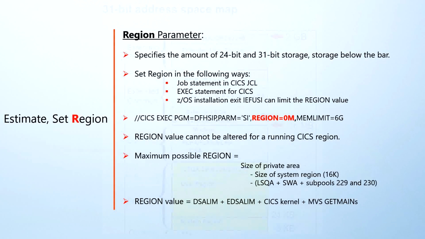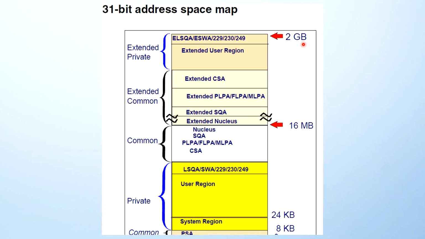Okay, this picture shows you the typical 31-bit address space map. So when we talk about the private area, below the 16 meg, it covers the LSQA, SWA, and the subpools, and the user region area, and the system region.